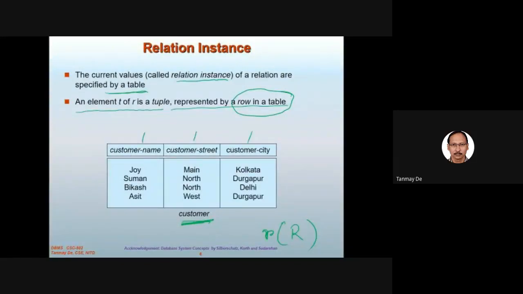In a relational database, a relation is represented as a table.